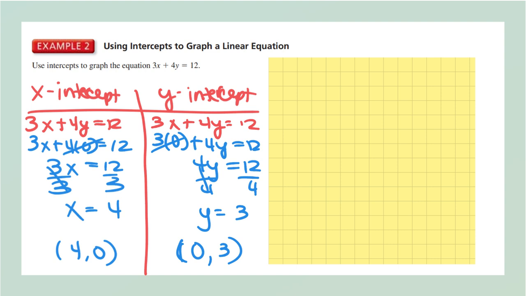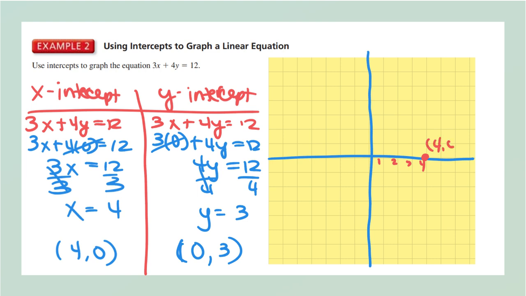Can I plot now? We have (4, 0). Let me use another color. 1, 2, 3, 4. We have (4, 0), and we have (0, 3).